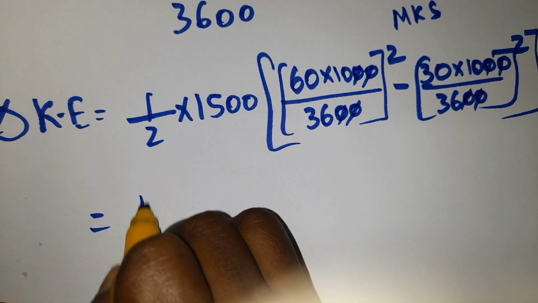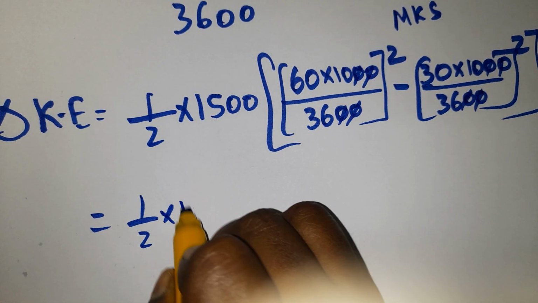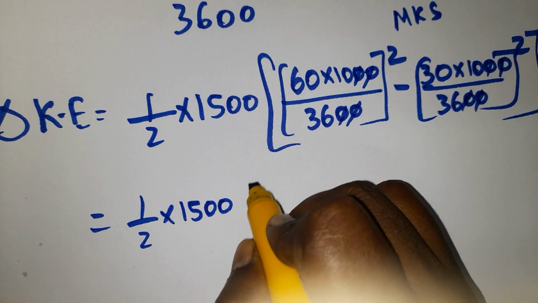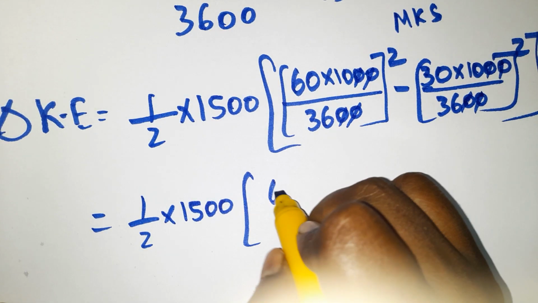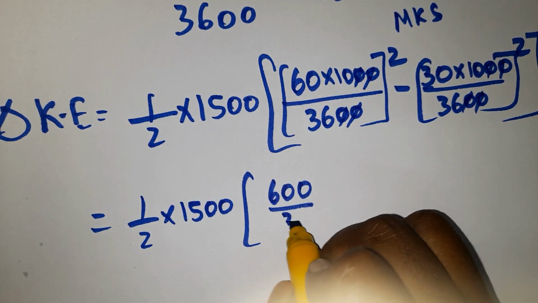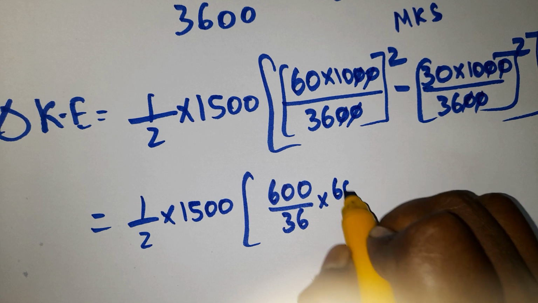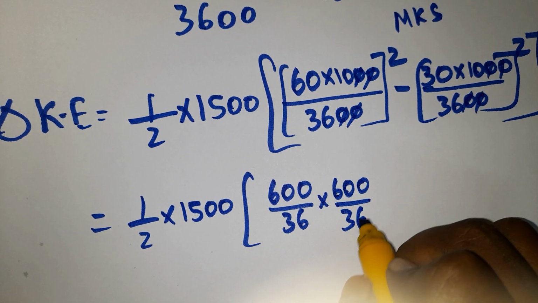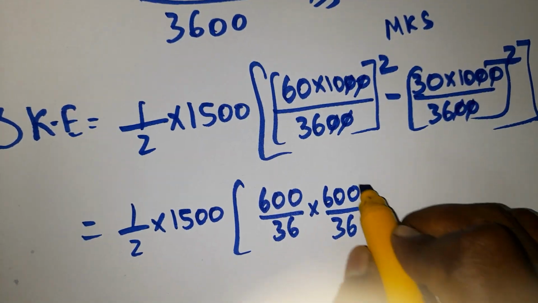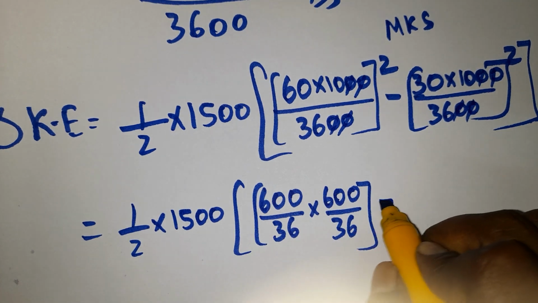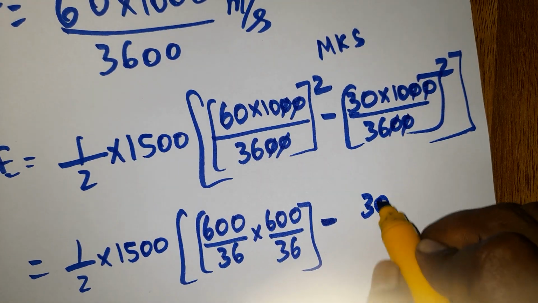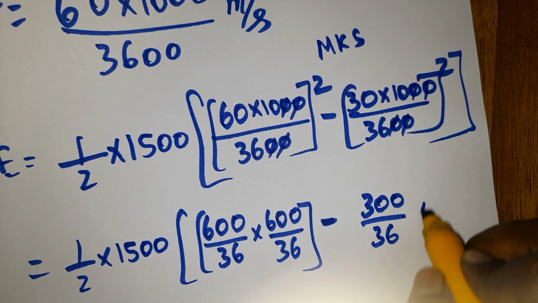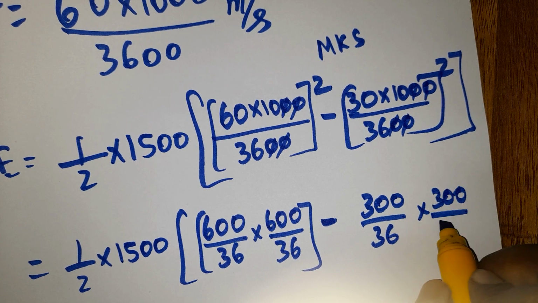So half times 1500, then 600 by 36 into 600 by 36. Why, sir? Because it is a square, so we should write it two times. Minus 300 divided by 36 into 300 divided by 36.